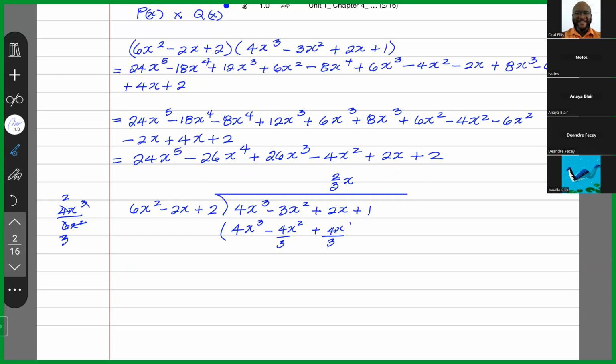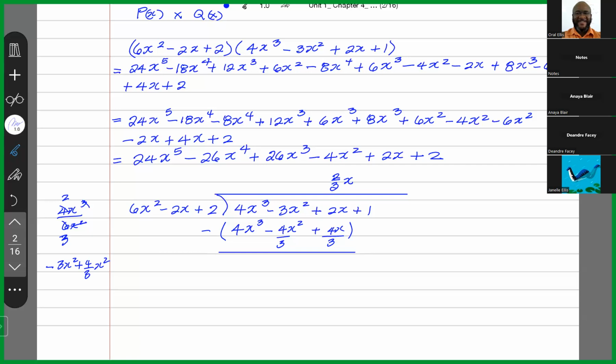So after I do that multiplication, I'm going to subtract. When I do, I'm going to get 0 on the left, and then minus 3x squared minus 4 over 3x squared. That's positive 4 over 3x squared.